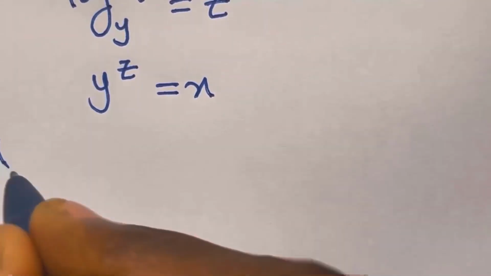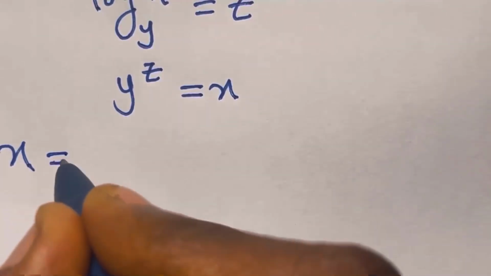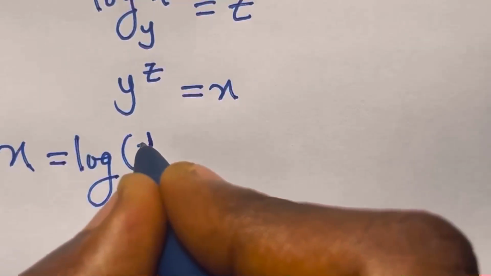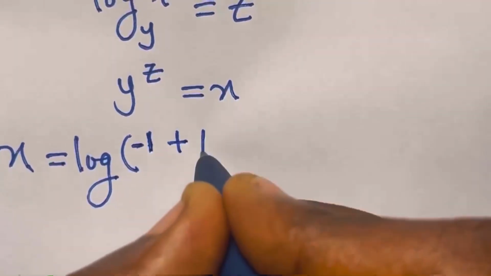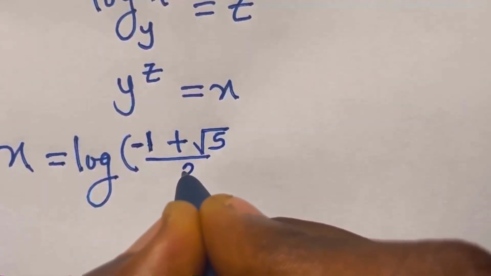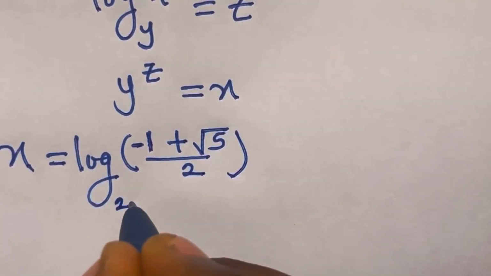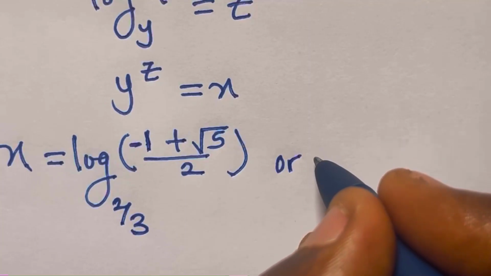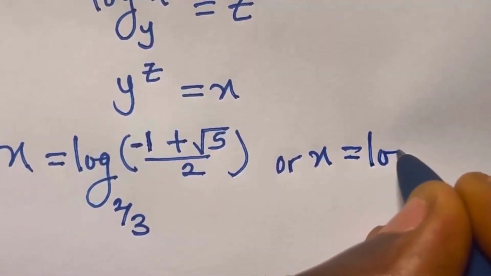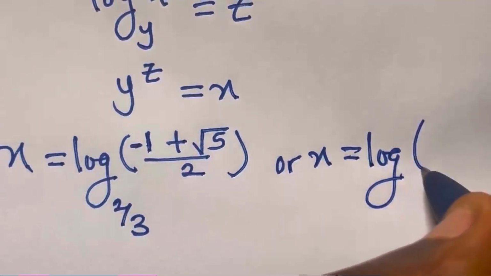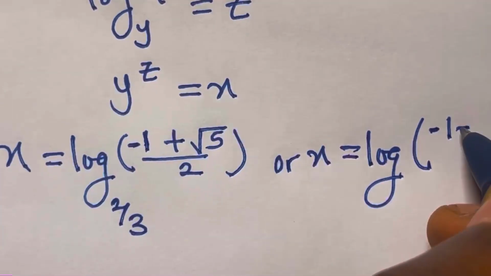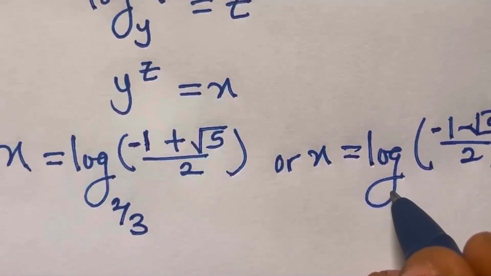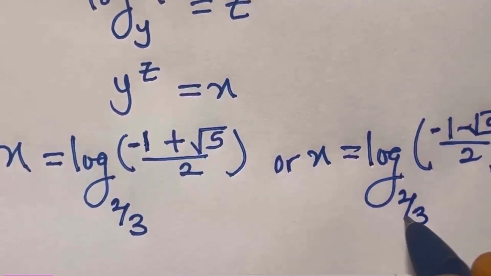So applying this, we have x to be equal to log of minus 1 plus square root of 5 divided by 2 in base 2 divided by 3, or you have x to be equal to log of minus 1 minus square root of 5 divided by 2 in base 2 divided by 3.